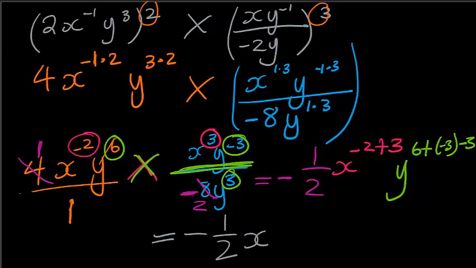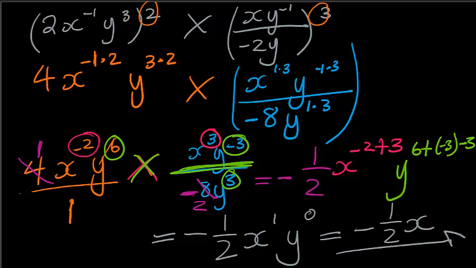Minus 1 over 2, x. 3 minus 2 is 1. And then y. 6 minus 3 is 3, minus 3 is 0. Y is 0. So my final answer is going to be minus a half x. And that's my final answer. Or another way of writing it would be to say x over 2. X over 2 is also the same answer. Oh, sorry, minus x over 2.